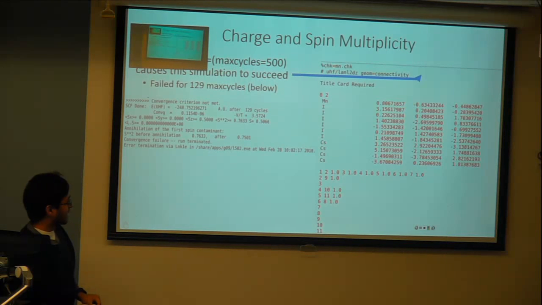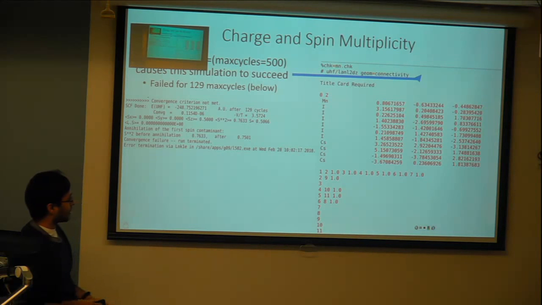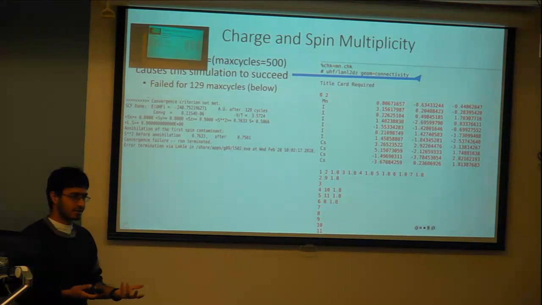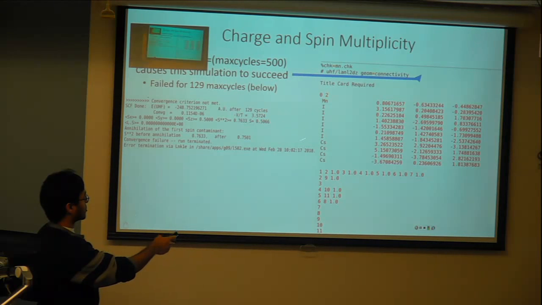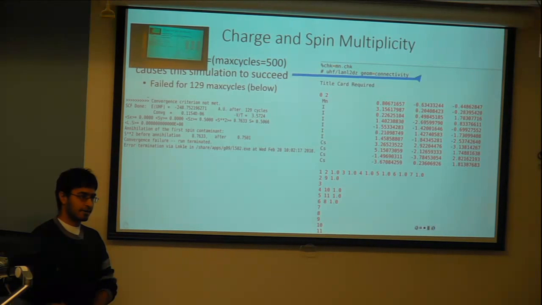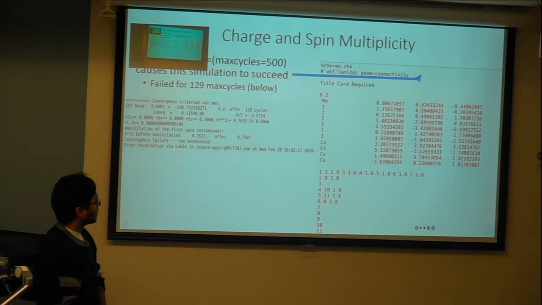I'm not exactly sure how to determine how many cycles you should use, but the only time that I've actually tried to use more than 129 cycles, which I believe is the default, was when I got a failed job with multiplicity 2. Okay. So is there any relation between the number and multiplicity, or is it just a coincidence? Yeah, so that I'm actually not 100% sure about.